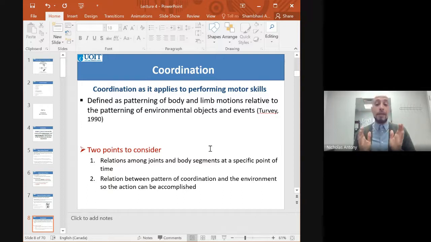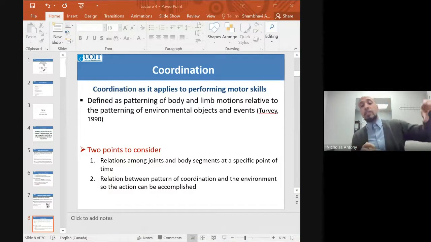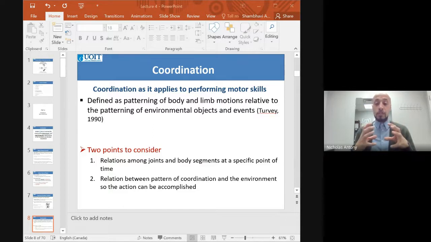And so what that means is, how are we able to coordinate our bodies in relation to the environment in real time? So coordination, when it relates to motor control theories, is talking about how we're able to take a motor skill and adjust it for the situation of the environment in that moment.